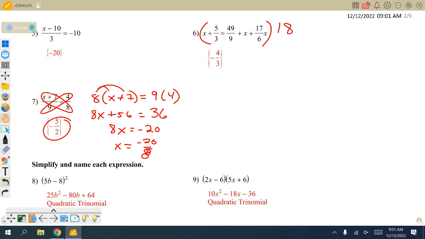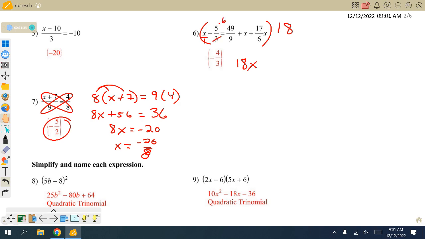All right. Multiply everything through by 18. Now here's the silly mistake that I see. Just because there's no denominator there, there's a 1 there, it still gets multiplied. So 18 times x is 18x. And then we always talked about I divide and then multiply. 18 divided by 3 is what? 6.